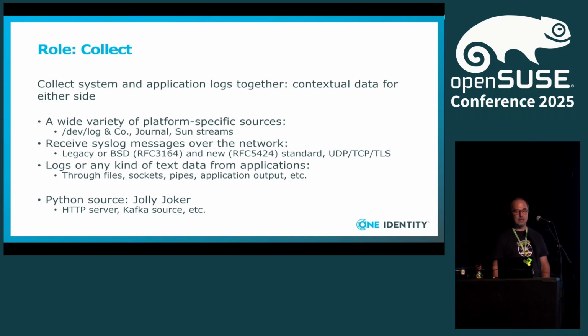It can also collect logs or any kind of text data from applications. And if none of the ready-to-use log sources are suitable for you, you can easily extend Syslog-ng yourself using Python.